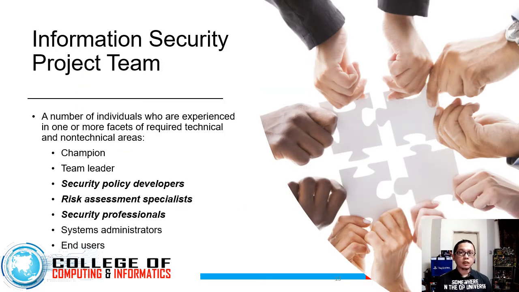Now, usually in any information security project team, you will encounter or you will need this type of professionals. For example, between TNB and Uniten, we usually have a working together ecosystem where projects from TNB are given by some of the personnel at TNB as the project champion.